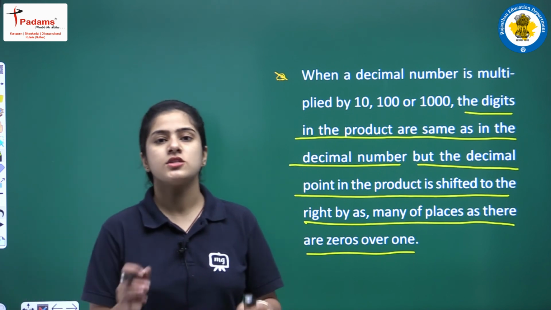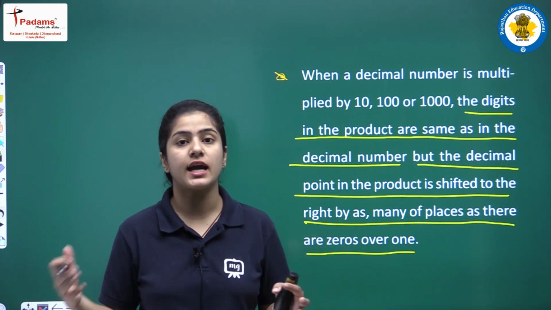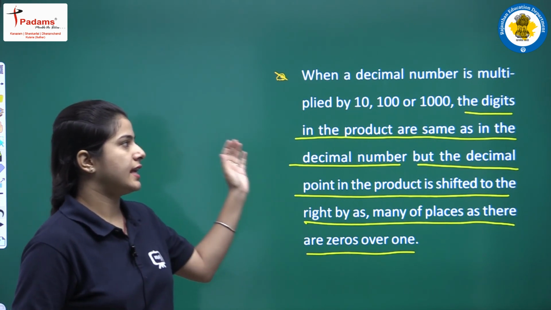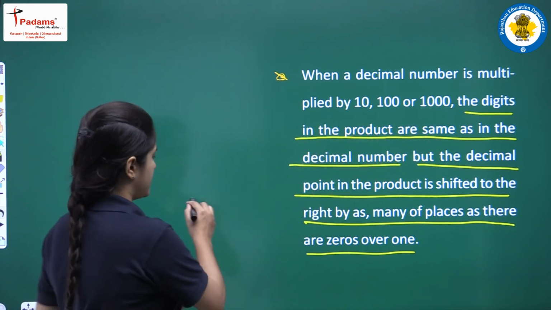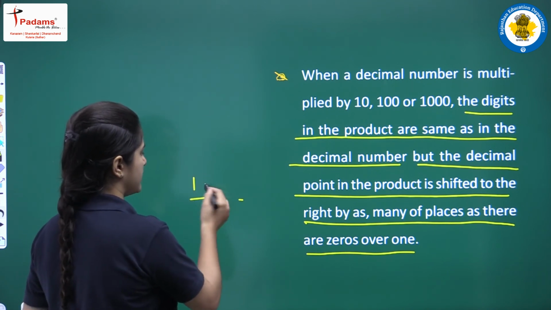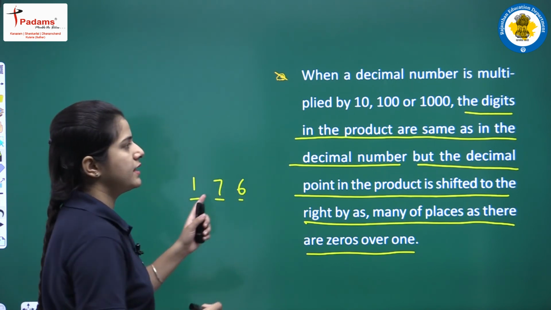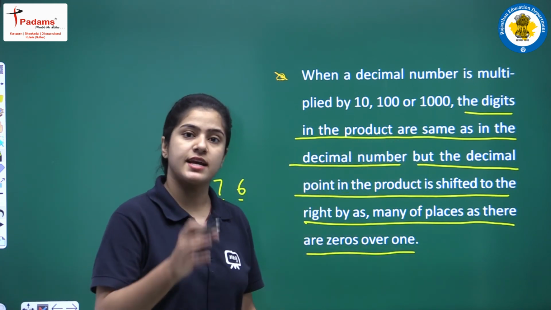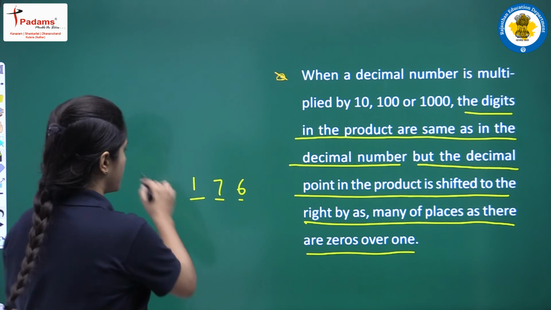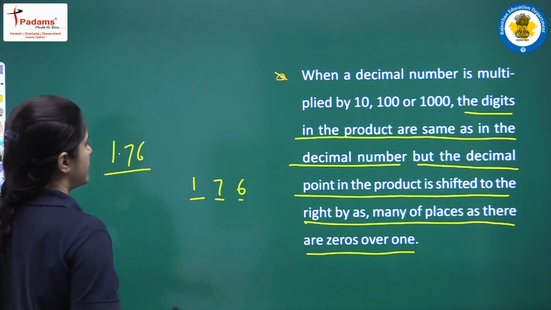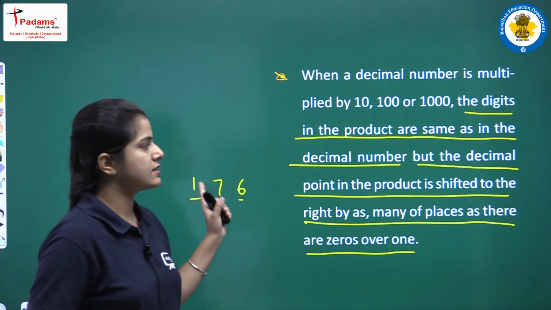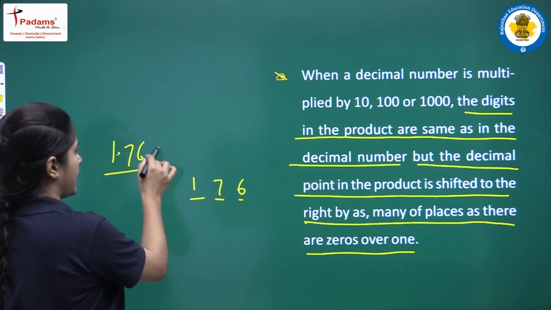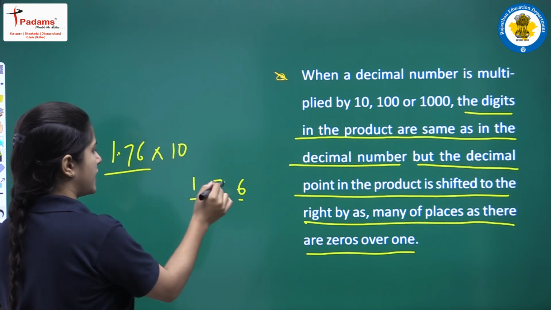Alright students, this is what we have done in the entire lecture. The digits of the product: how many digits are there in the product? That is 3, the same as in the decimal number. It was 3, and in the product it is also 3. But the decimal, suppose it was over here and I wanted to multiply by 10, the answer will be this.